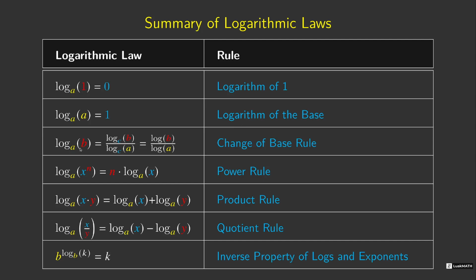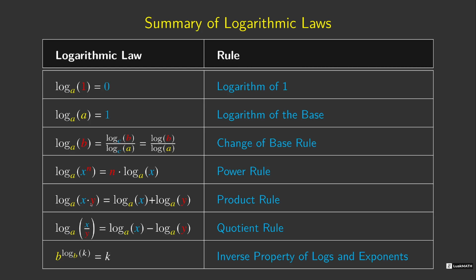For the change of base, you can write log b to base a as a fraction this way. You can invent your own base, or even drop the base completely. And then the power rule: you can drop the power like this, and it becomes a multiplier.